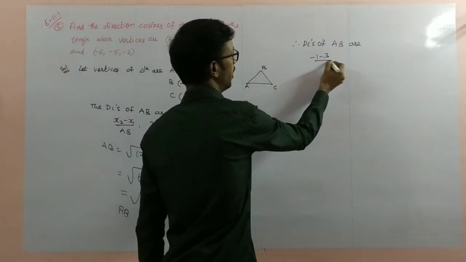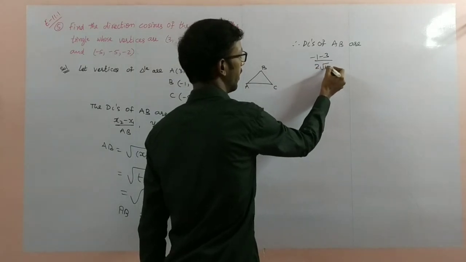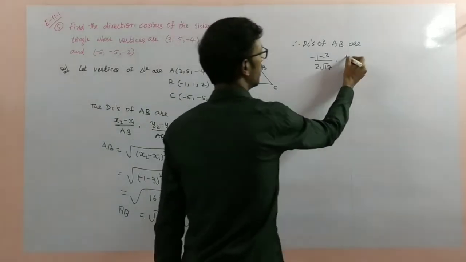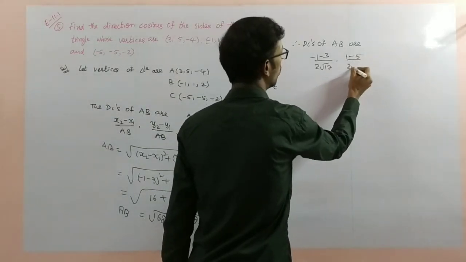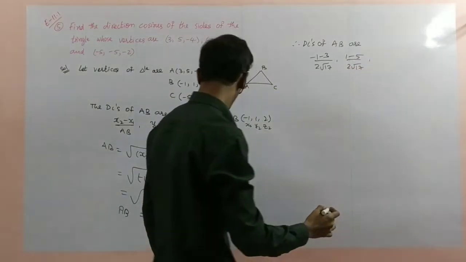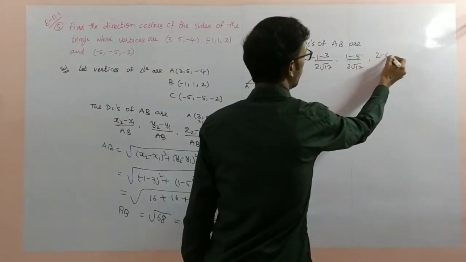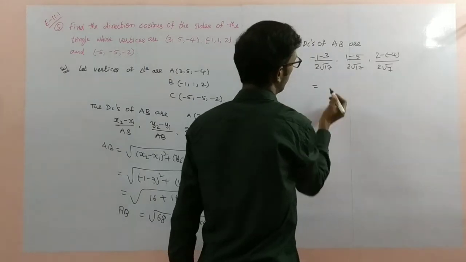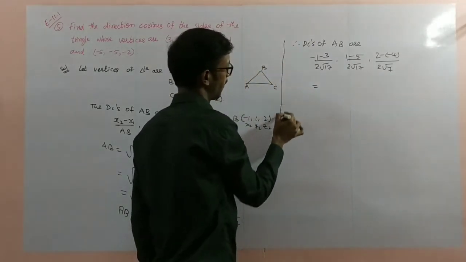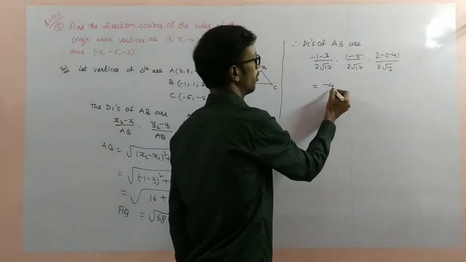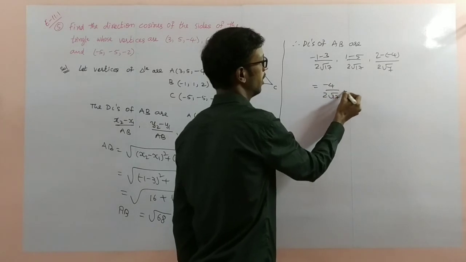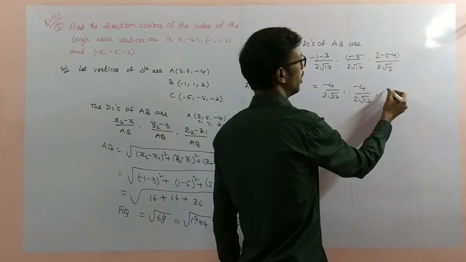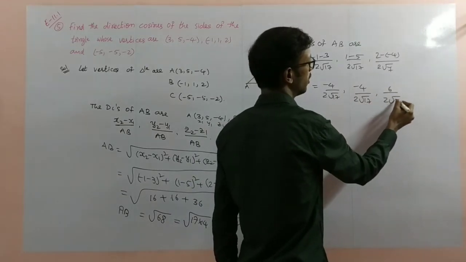Now, direction cosines of AB are x2 minus x1, that is minus 1 minus 3, by 2 root 17; next 1 minus 5 by 2 root 17; 2 minus of minus 4 by 2 root 17. That equals minus 4 by 2 root 17, minus 4 by 2 root 17, 6 by 2 root 17.